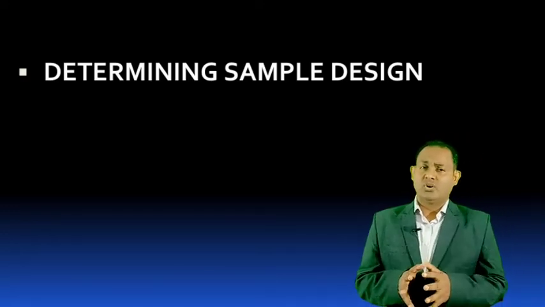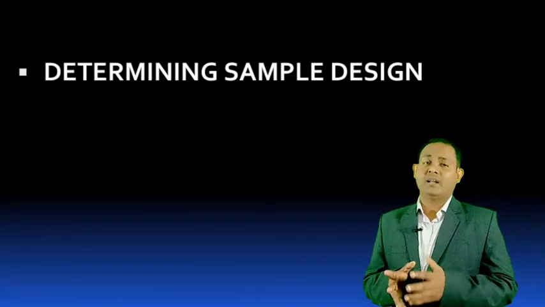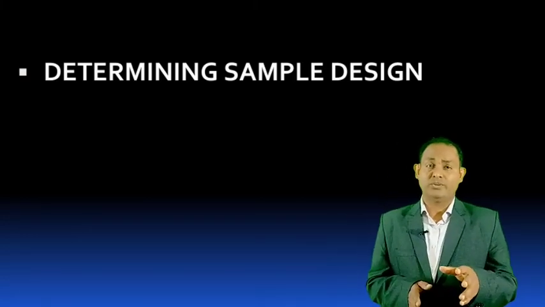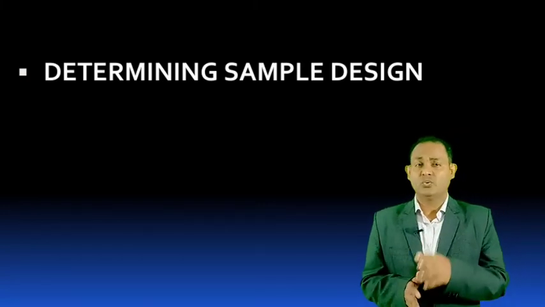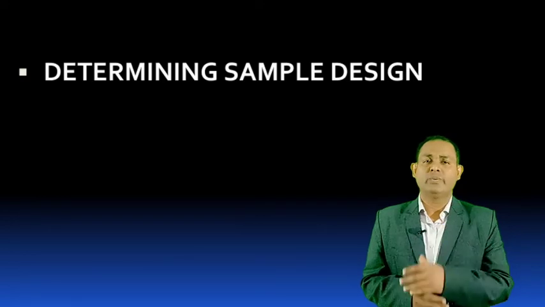Designing the sample calls for three decisions: who will be surveyed, the researcher must determine what type of information is needed and who is most likely to have it, and how many people will be surveyed.